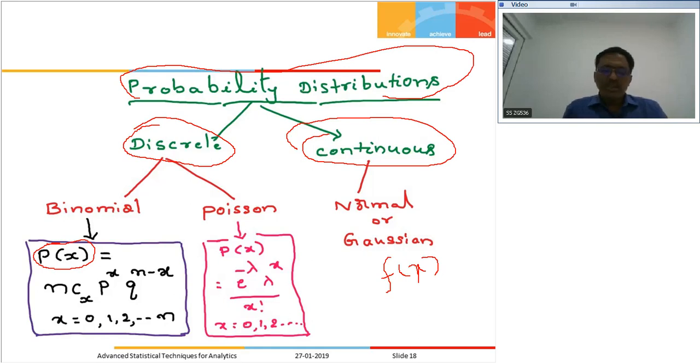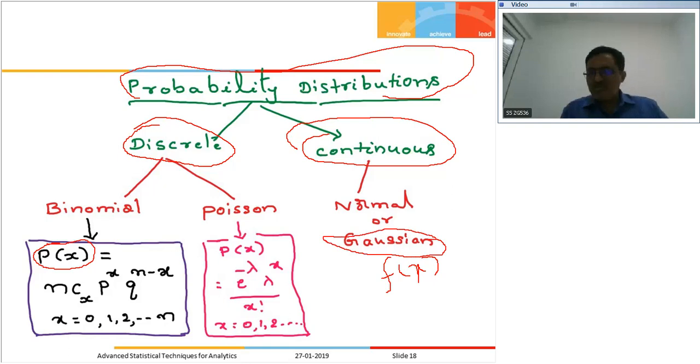Binomial and Poisson distributions come under discrete. In case of continuous, we had the most popular distribution, which is the normal distribution or Gaussian distribution. The guys who are into communication, ECE kind of stuff, popularly call this Gaussian.